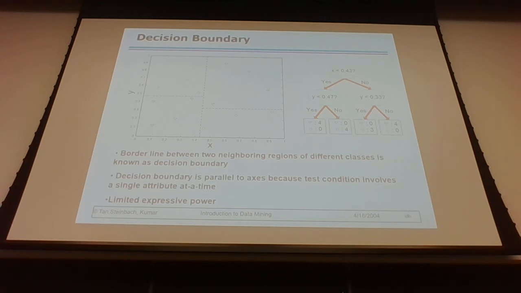So if you look at this, first root node is x less than 0.43, so that gives me this line. Then the second node says, okay, if it is yes, that means this part. If it is yes, then you use y less than 0.47, so that gives me this part, right? And if it is no, that means this part, then y less than 0.33, so that gives me this line. So this is the decision boundary, very simple.